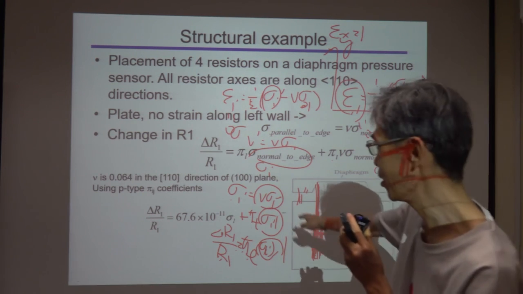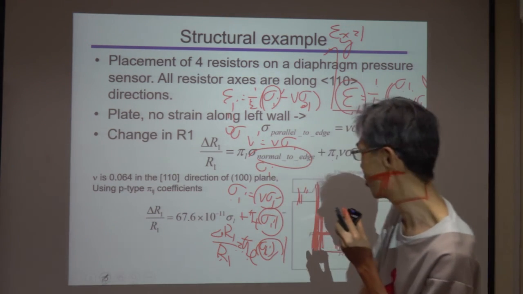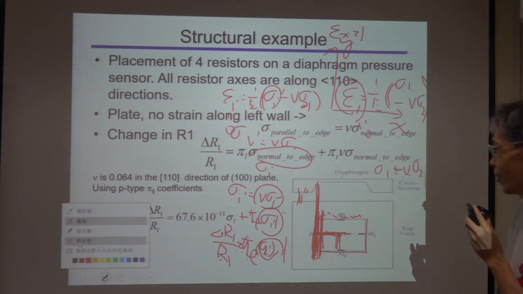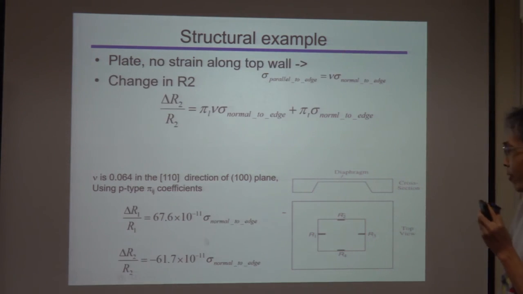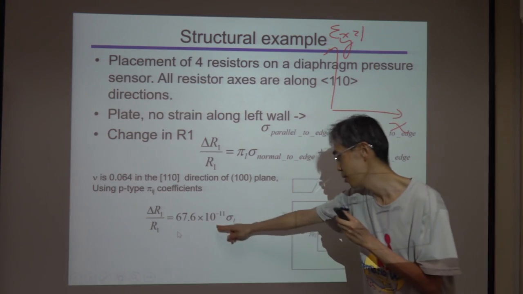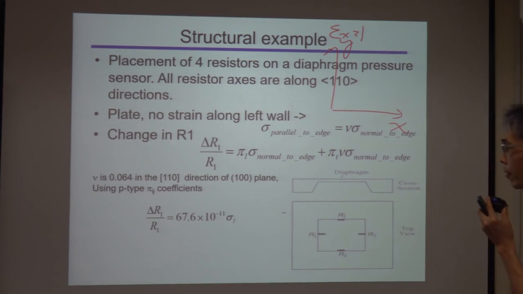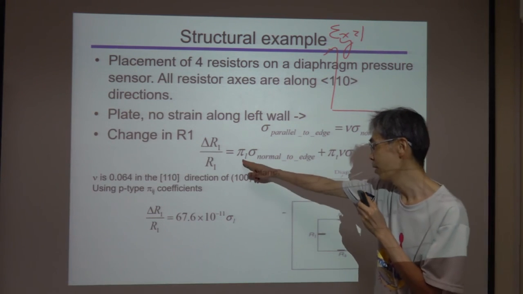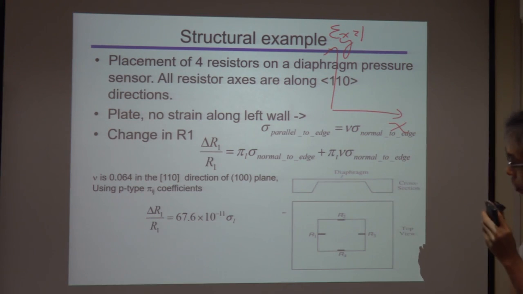Let me clean all this, it's too confusing. Okay, previous, yes, calculate this one. Use pi L. You have calculated pi L in the 110 direction, so you have the pi L value.